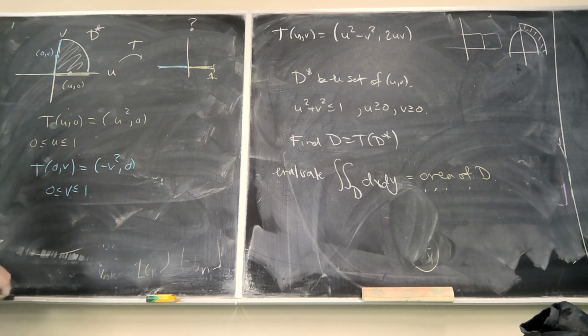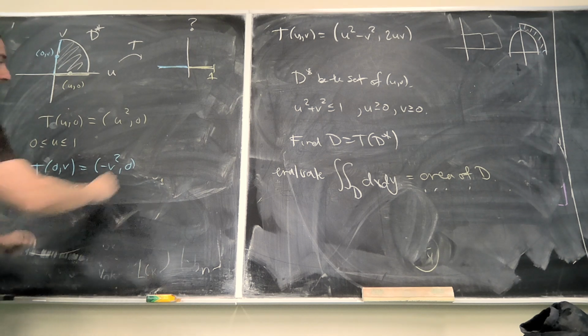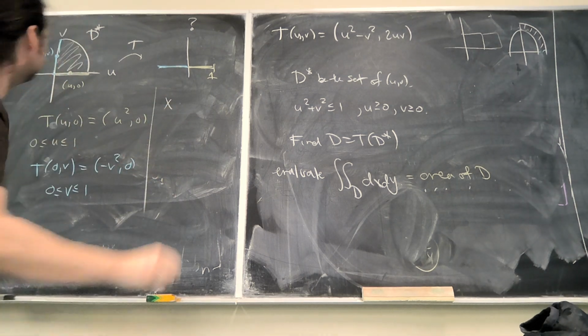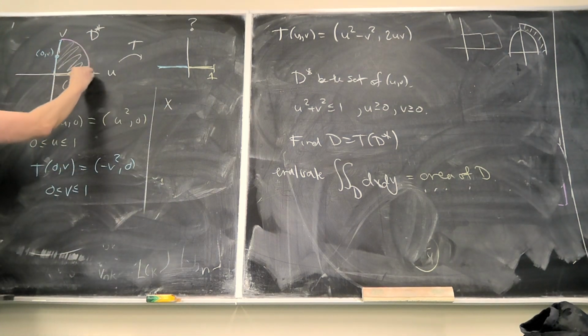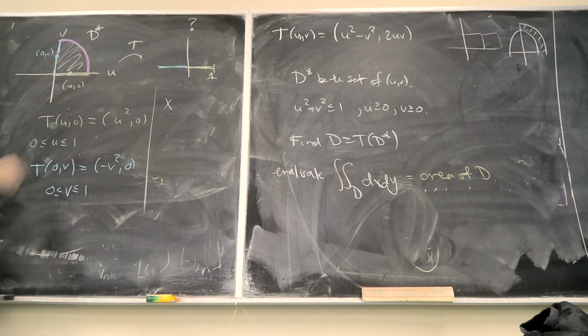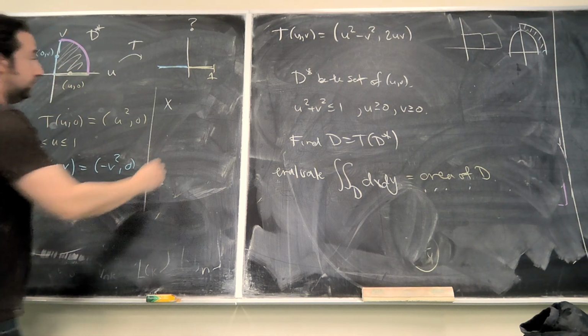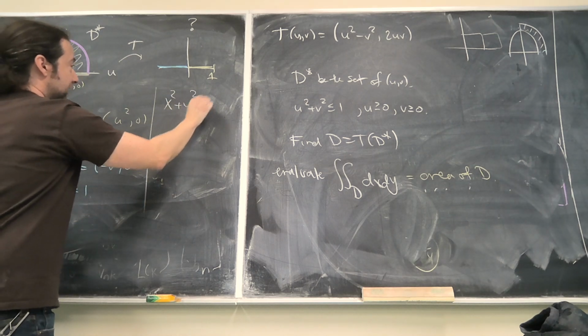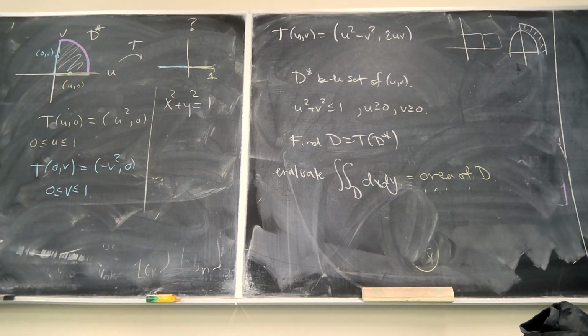I guess the idea is we're going to say on that arc right there, so maybe I'll give that its own color, purple. Now we're trying to keep track of what happens to that part of the boundary of the original region. If I do that, I'm saying that x squared plus y squared is equal to 1. That's the part of the arc where that's true.